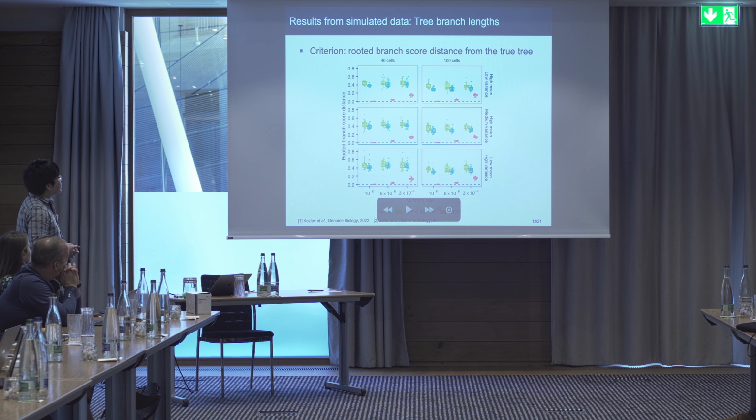And in terms of the tree branch length estimate comparison, we compare with SIEVE as well as Sanbai, and it's quite obvious that we achieve the lowest value here. By the way, the gray dashed line here is the optimal value of this metric.